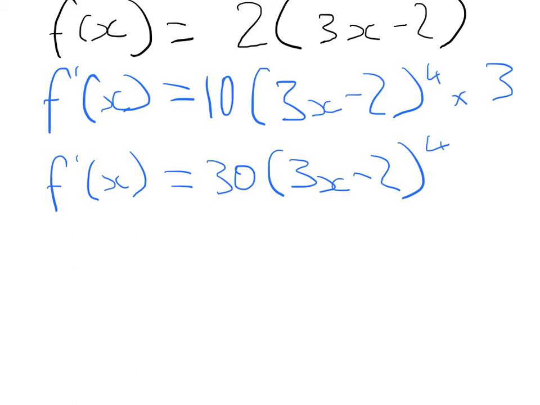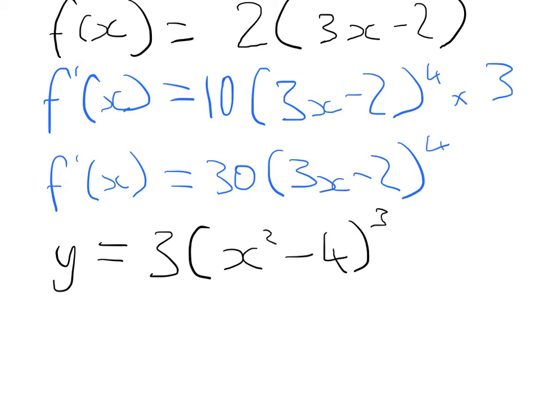Now sometimes the way this is written is using the dy over dx notation. It talks about a u or something else. So if we talk about y equals 3 lots of x squared minus 4 to the power of 3, then what we can do is we can call it this.